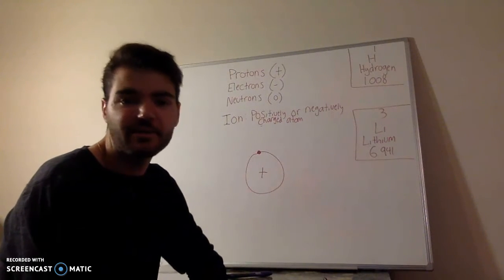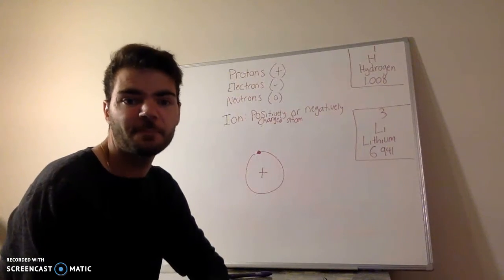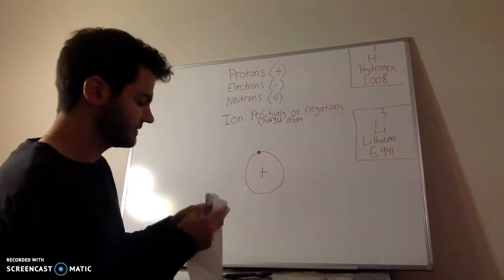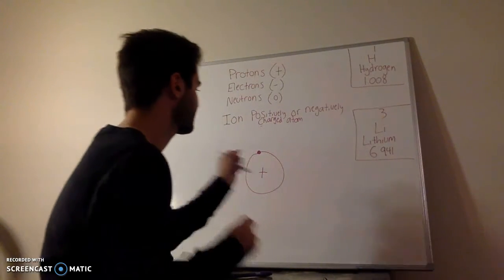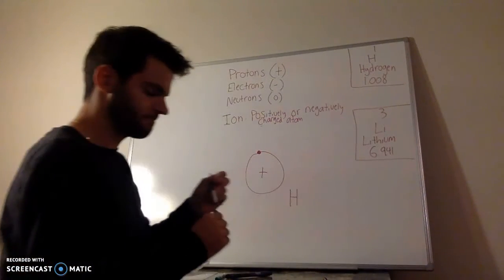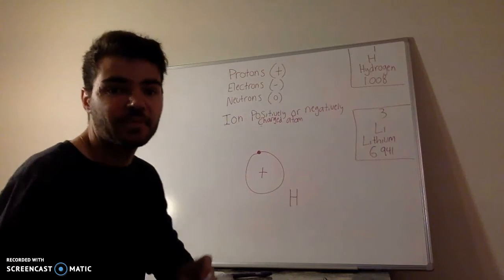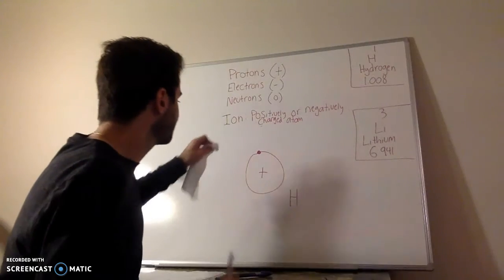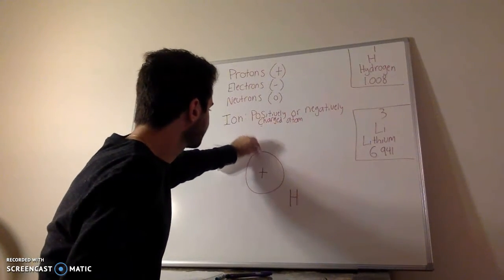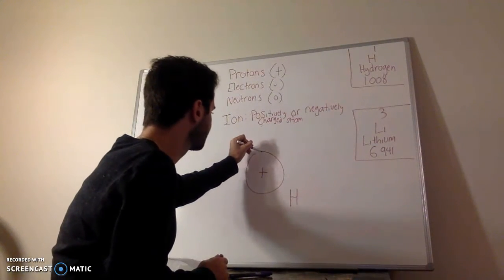Now we're going to stay on track here with talking about ions. If I were to go ahead, and I guess I'll start by writing our element symbol, H. Sometimes what's going to happen, and this can happen quite often, is hydrogen is going to lose that electron.